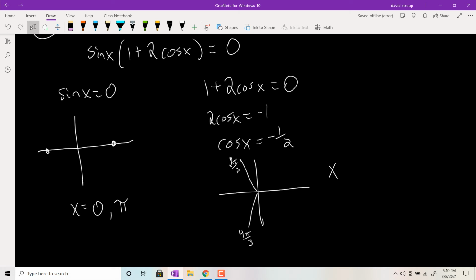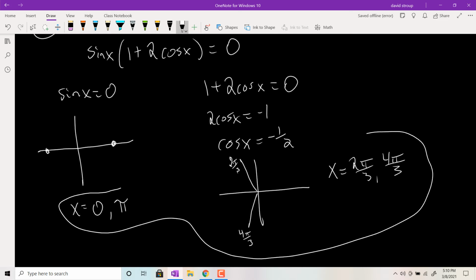And those are our only solutions. x equals 2 pi over 3, and then 4 pi over 3. You couldn't add 2 pi to either of those because you would go out of the range from 0 to 2 pi. So those are your answers, and you can circle them on the test. That'll be good enough for me.